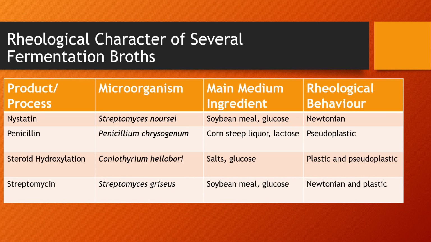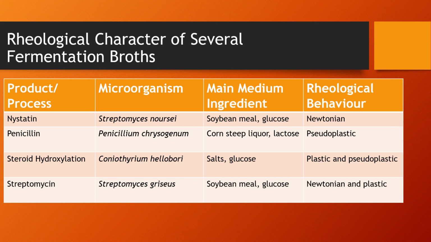Now this is the last part. What are the different examples of different kinds of fermentation broths and processes where different rheological behavior is shown? So as I said earlier, different fermentation media is a mixture of different kinds of non-Newtonian flows.